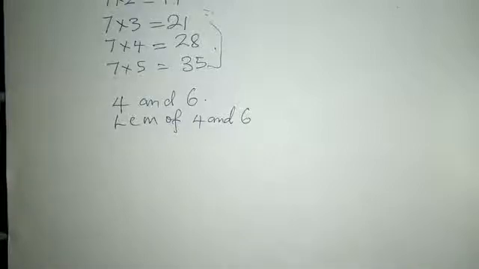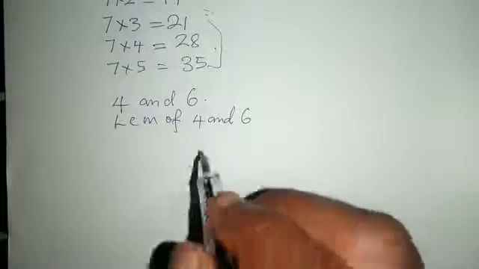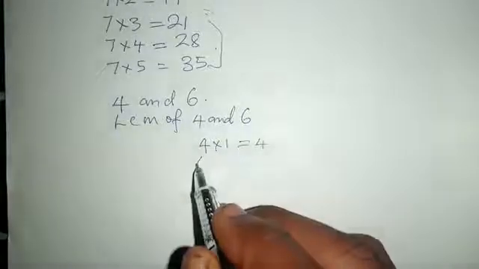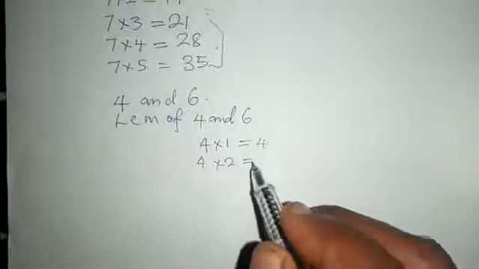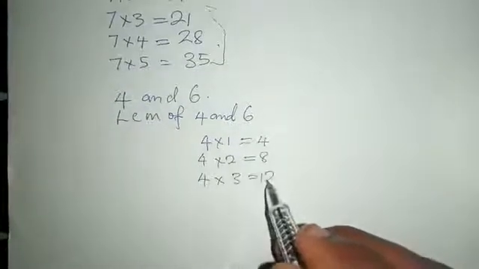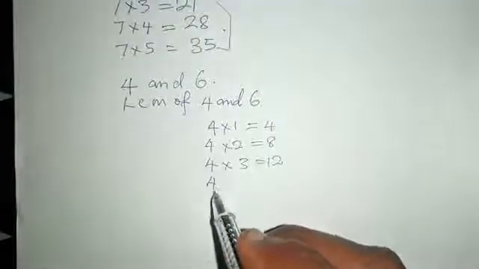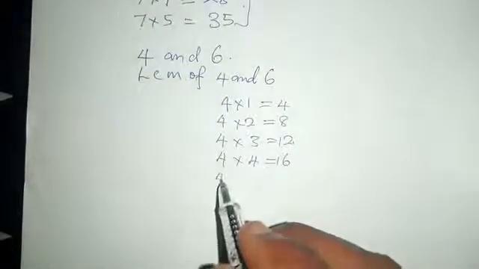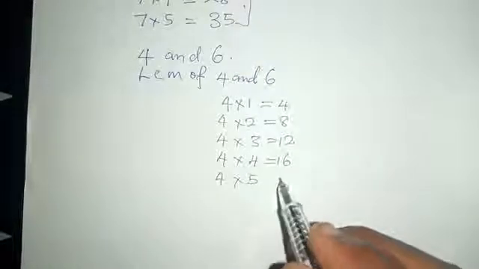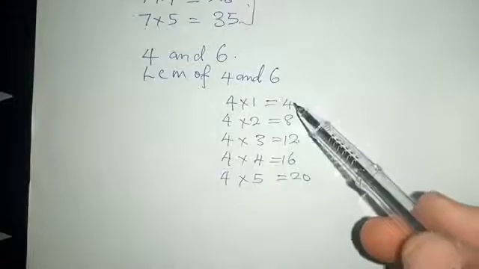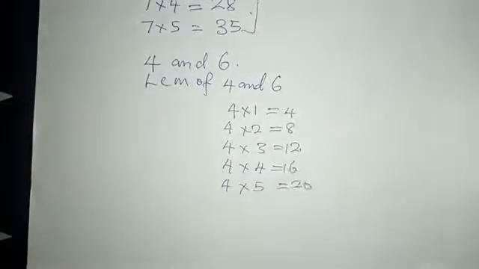Now let's list the multiples of 4. 4 times 1 is 4. 4 times 2 is 8. 4 times 3 is 12. 4 times 4 is 16. 4 times 5 is 20. All these are the multiples of 4.